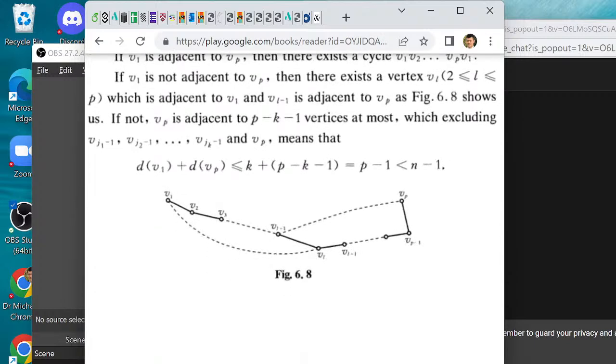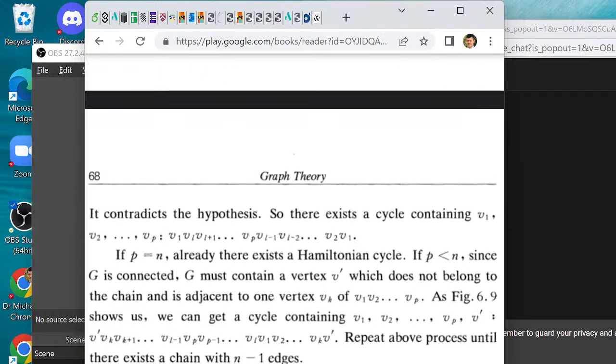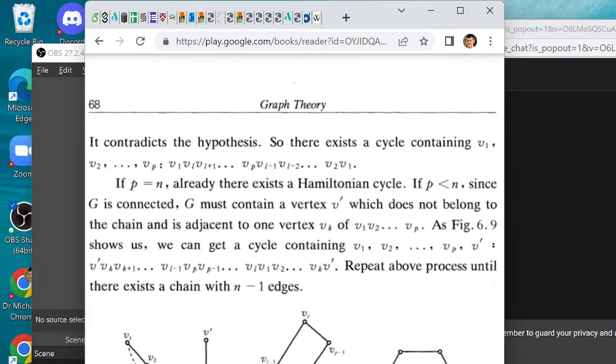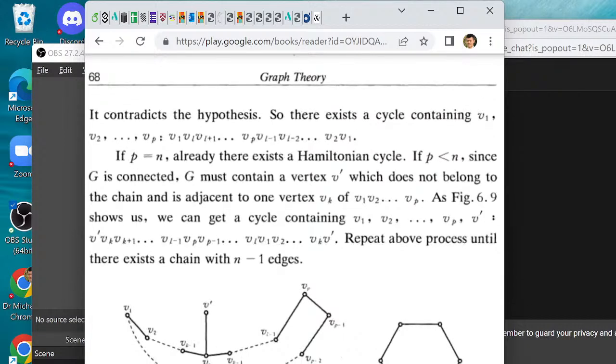This seems problematic. It's a Hamiltonian cycle, it cannot repeat vertices, and yet it seems to repeat a vertex, VK.